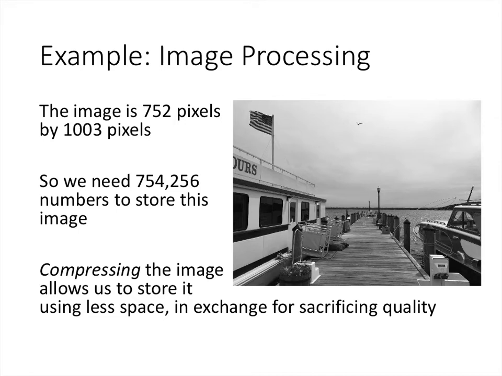Now that's a lot of numbers, so what we might be interested in doing is compressing the image to store it using less space in exchange for sacrificing the 100% accuracy of the image. When we display the image, it might be grainy, it might not be 100% accurate to the way it looks when it's perfectly recreated, but it might look good enough in exchange for taking up much less space to store.